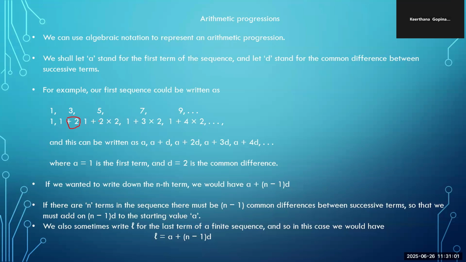Now, how to arrive at 5? 1 plus 2 into 2. So what we are doing is, from A, we are arriving at the third term, fourth term, fifth term also.